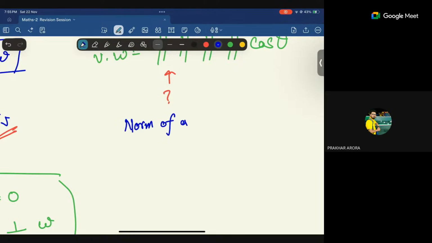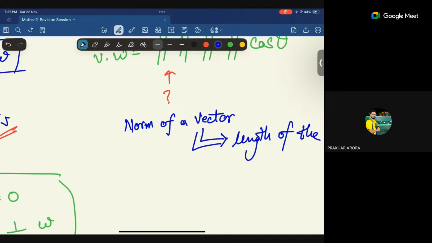After completing this, week 7 would be done. The norm of a vector is equivalent to the length of the vector, and this is a single vector, not two vectors.